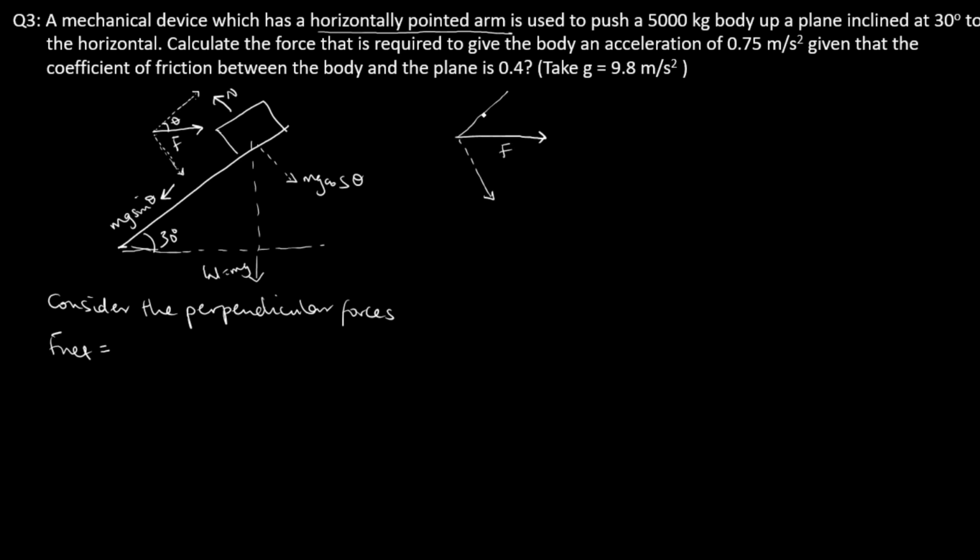The angle between them, of course, is 90, but the angle between this component and F is 30 degrees. We can redraw this component here such that it's at 90 degrees to the component which is parallel to the plane. So this is similar to this. The vectors are the same because they have the same magnitude and they are acting in the same direction. Now this here is a right angle triangle.